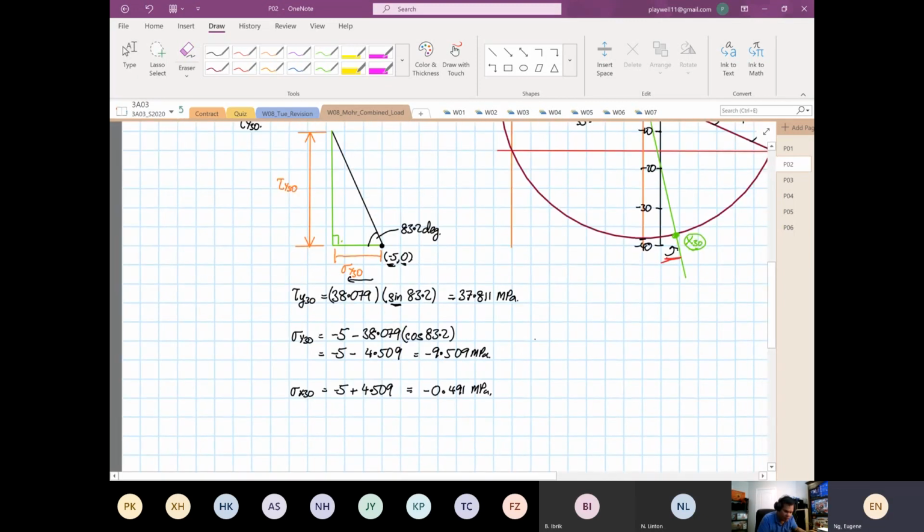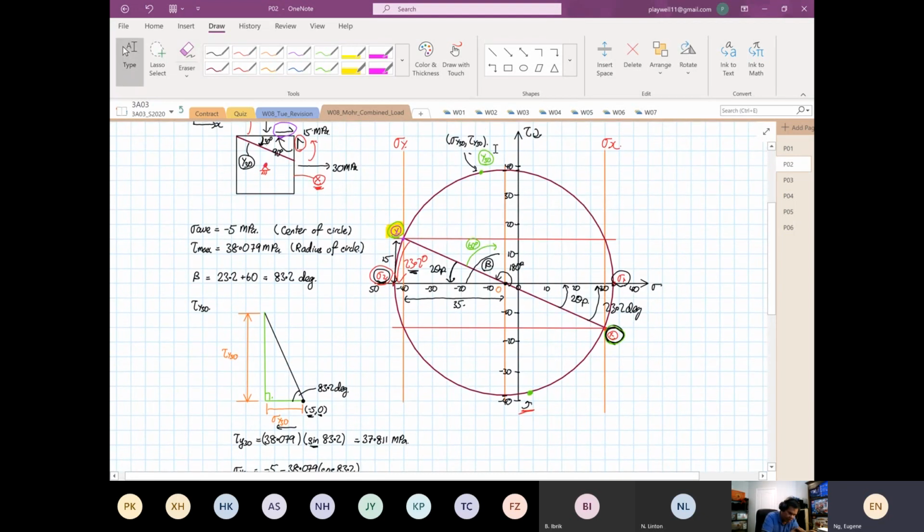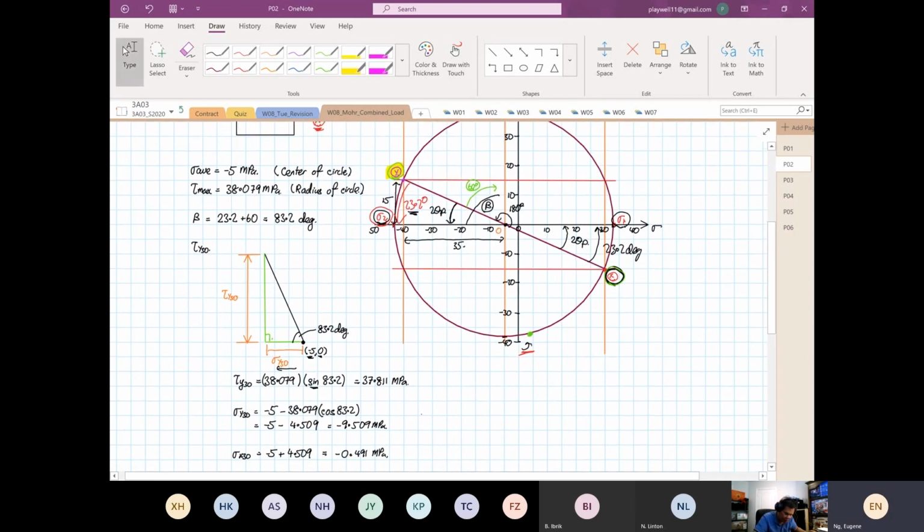Okay, so if I were to draw this accurately without a compass or a protractor, where this point is, it's going to be both in a minus. Okay, so one is minus 0.4.